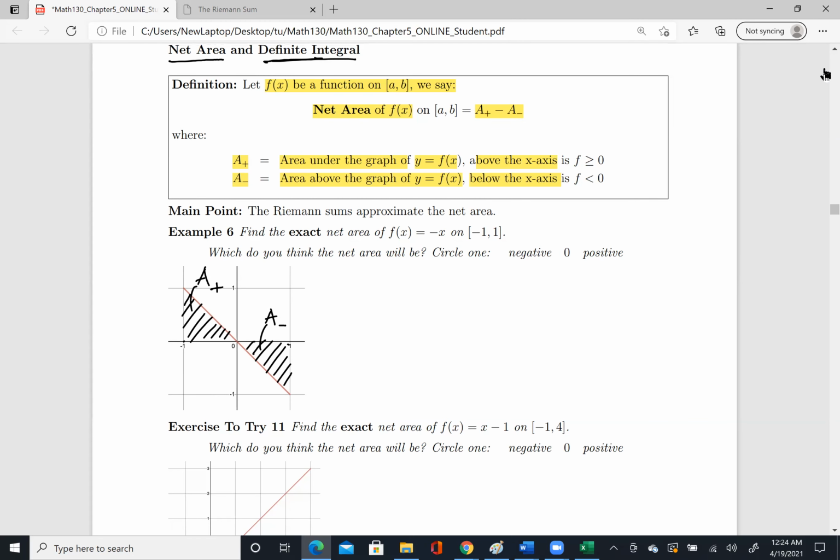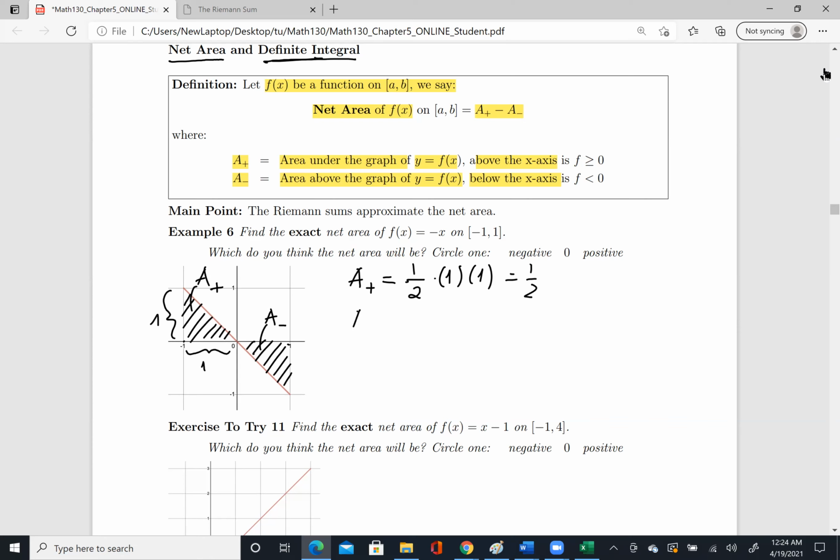Now the area positive is a triangle, a right triangle. So you have 1/2 times 1 times 1, and that is equal to 1/2.